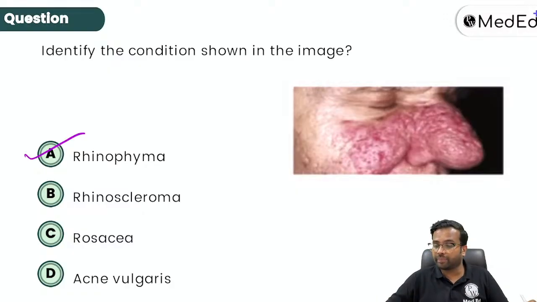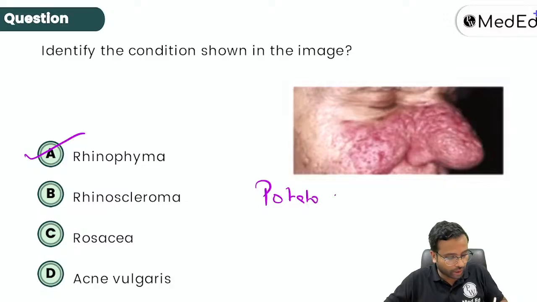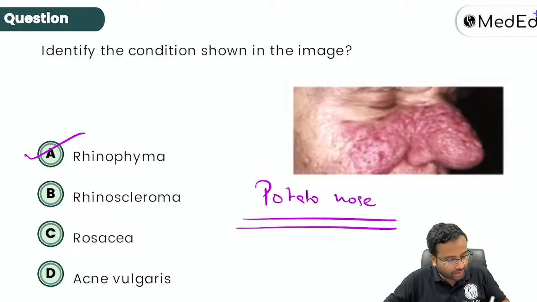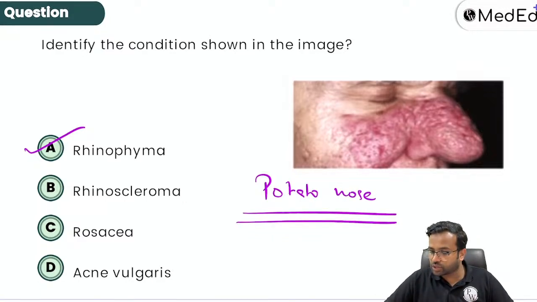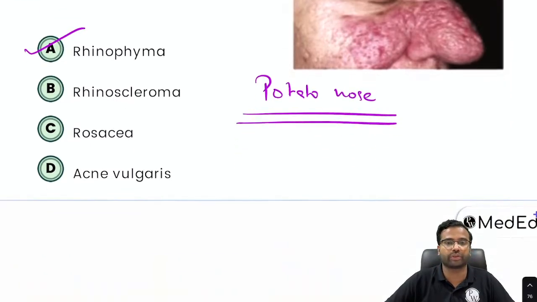Because here, this is also called a potato nose. And the right answer should be rhinophyma, isn't it? Phymatous type. So even though rosacea is given as one of the options, rhinophyma is more accurate when you scale it, isn't it? So this is going to be rhinophyma, where there is a sebaceous gland hypertrophy.